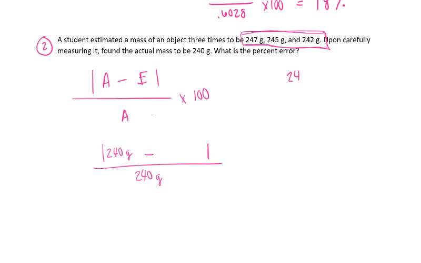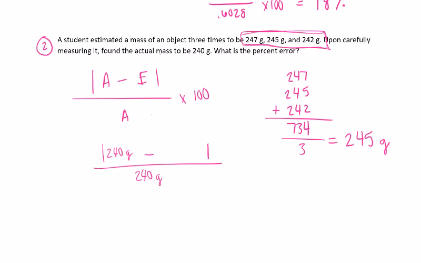So 247, 245, 242, add them up. It's going to give us 734, we divide 734 by 3, and that gives us 245 grams as our average data point.